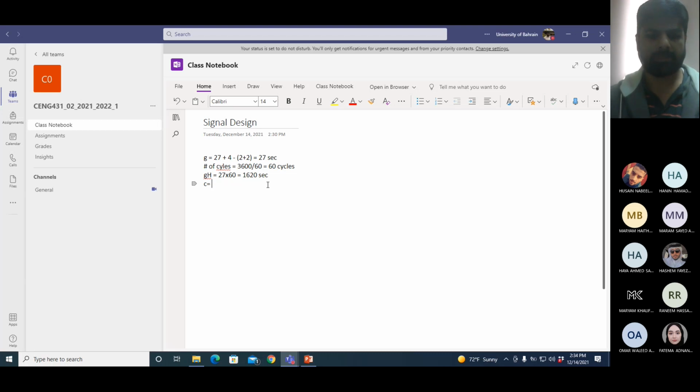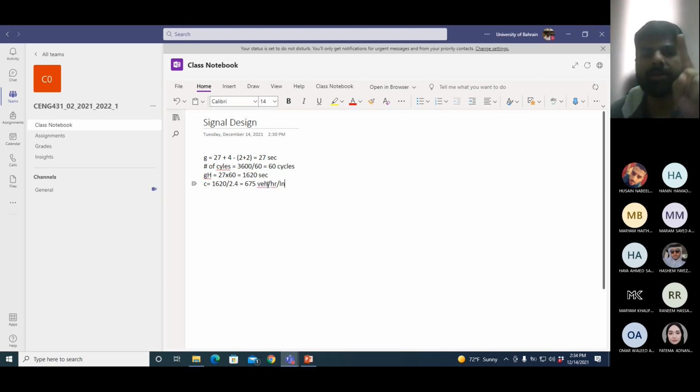So 1620 divided by 2.4. How much is it? 675. 675 vehicles per hour per lane. Okay, so what do I do here? First of all, I calculated effective green time for one cycle.